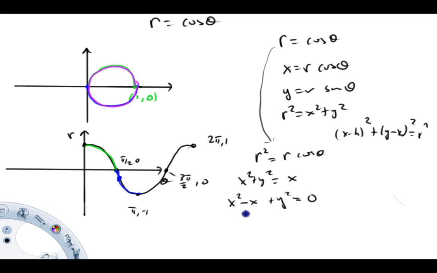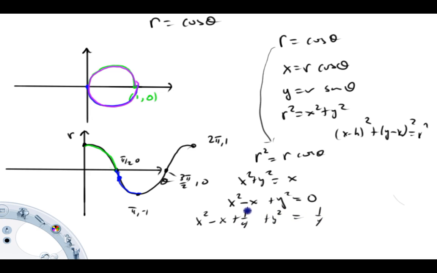So hopefully we're kind of familiar with completing the square. The purpose of the video is not how to complete the square. I'm just going to go ahead and do it. This term I can turn into a perfect square by adding 1/4 to both sides. So this is going to look like x squared minus x plus 1/4 plus y squared equals 1/4.